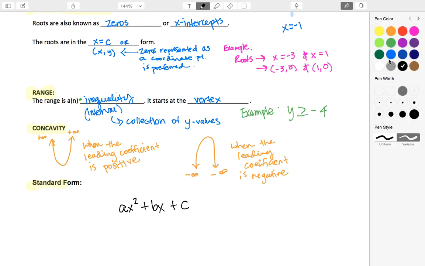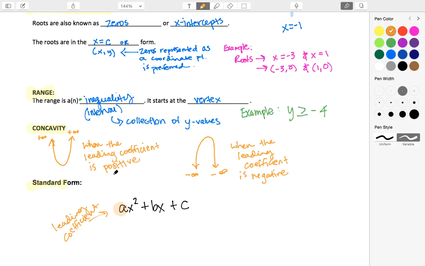But in this case, what I'm referring to as the leading coefficient is this a value right here, and so we can see this connection.